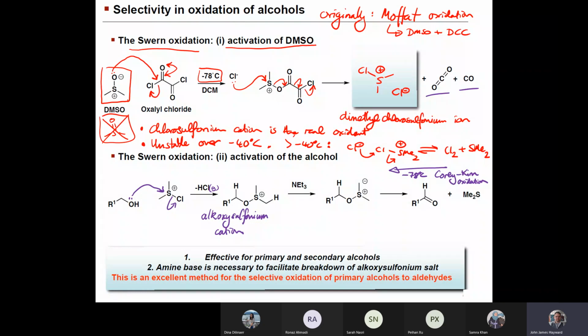It's very important that triethylamine is done as a second step, or possibly even a third step if you want to consider the addition of alcohol. So this is step 1. Step 2 is activation of the alcohol. And step 3 is triethylamine, which is breakdown.